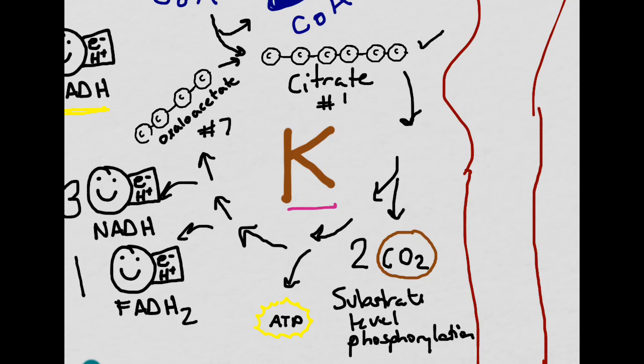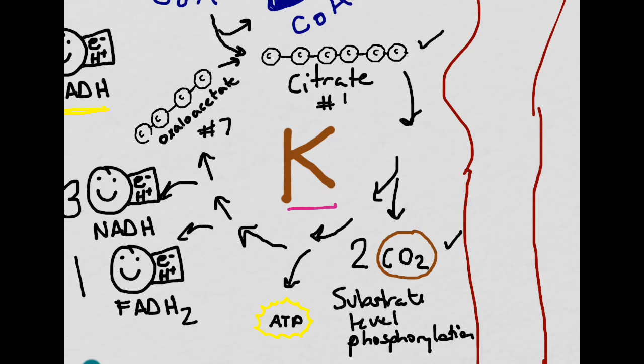Okay. So what happens when you start chopping off carbons? You get carbon dioxide. Okay. And through substrate level phosphorylation, where we take a substrate that has a phosphate on it and a high energy donor, donate that to ADP, we will get some ATP.